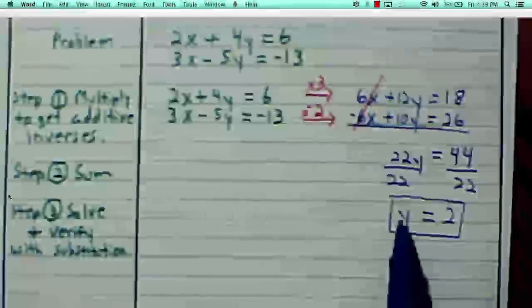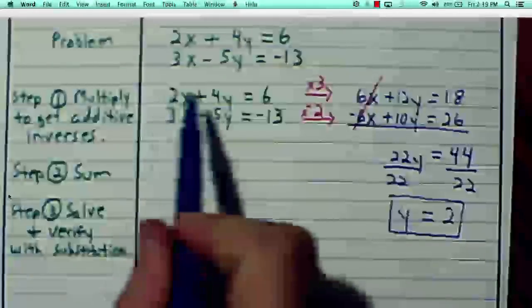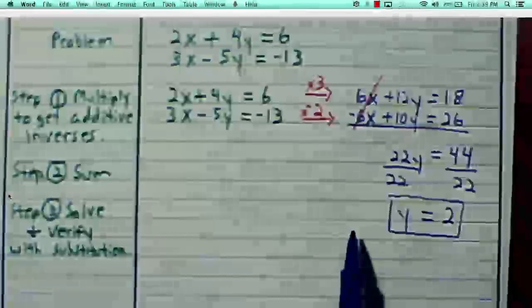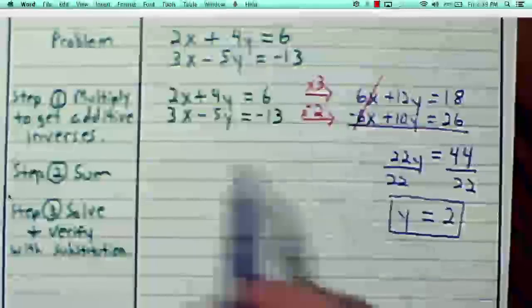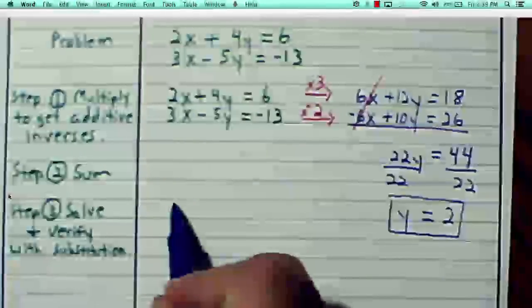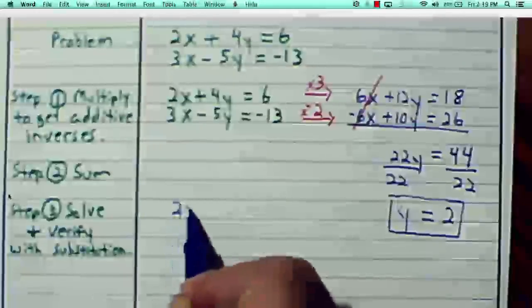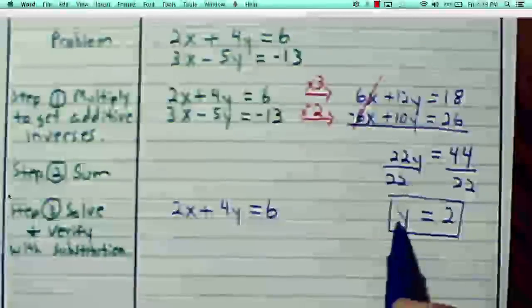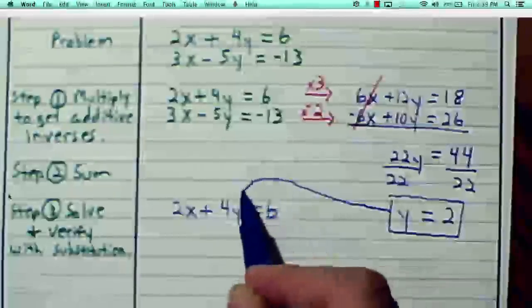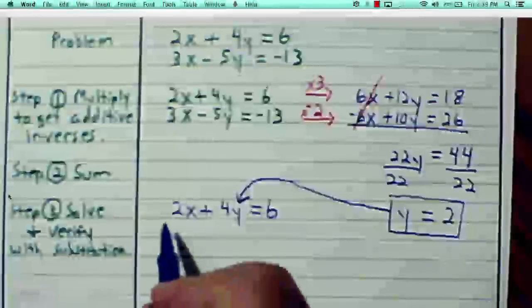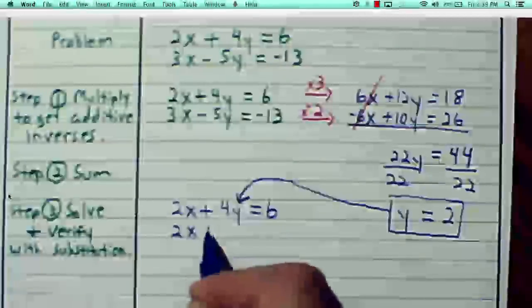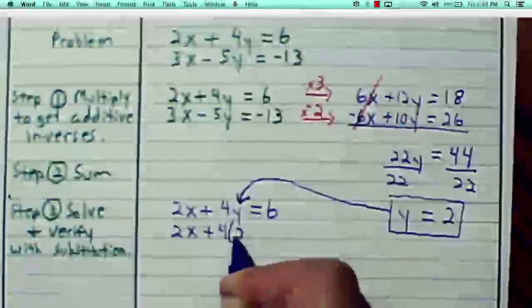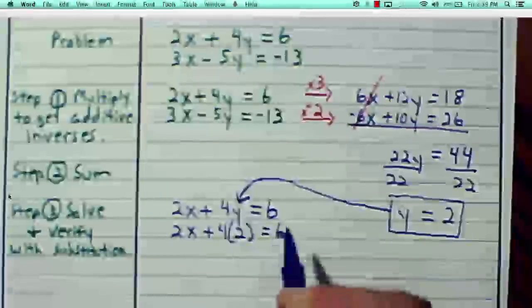We're going to take this value, y is 2, and substitute it in either of my original equations. I'm going to substitute it into my top equation, pardon me. So the top equation stated 2x plus 4y is equal to 6. I know that y is 2. I will substitute that value in for y. So now we have 2x plus 4 times 2 equals 6.